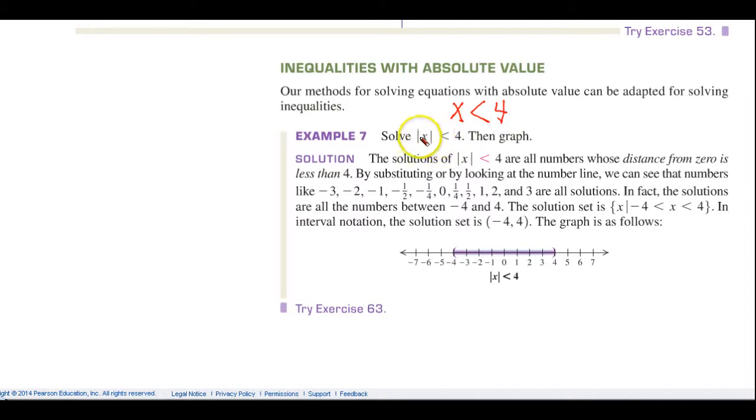Just take away the absolute sign. And x now, we're going to reverse that sign from less than to greater than, and then the opposite sign there.